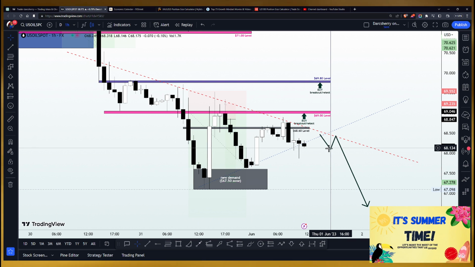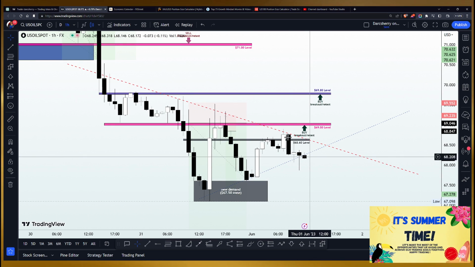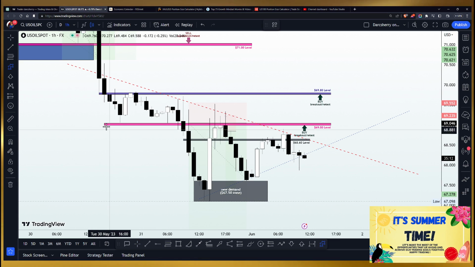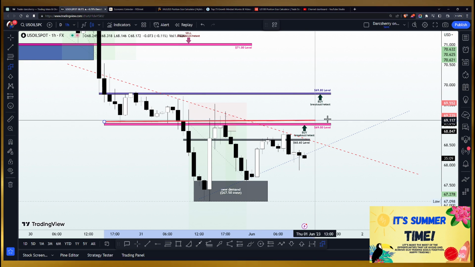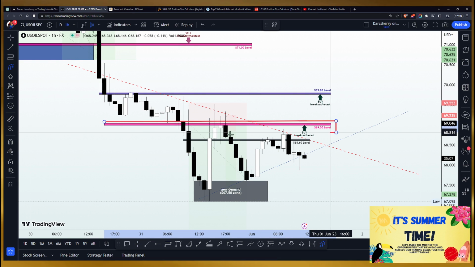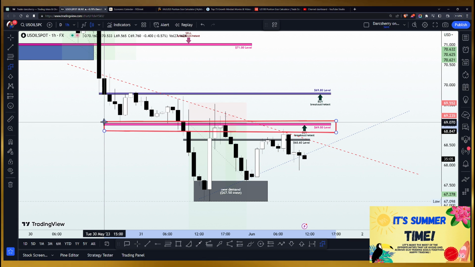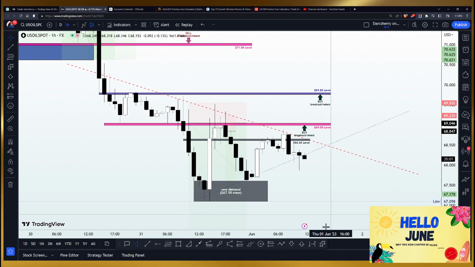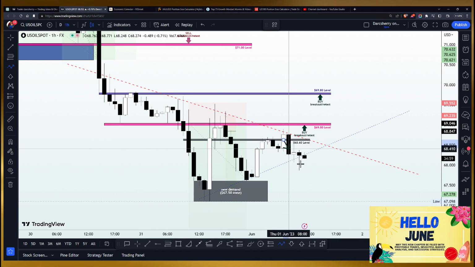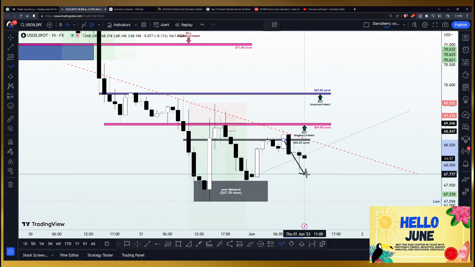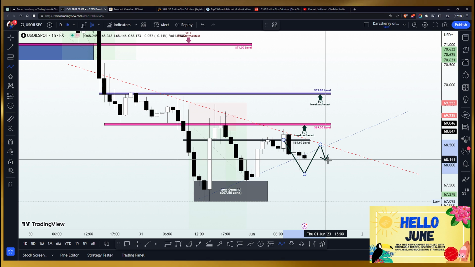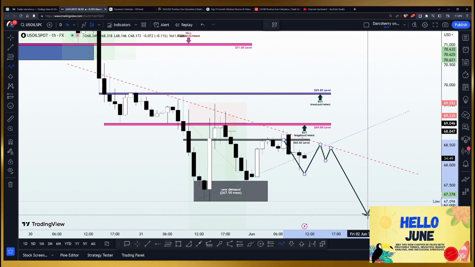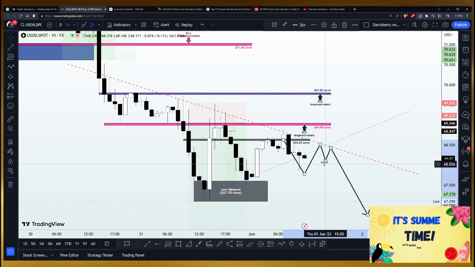So we have a simple setup here where the $69 area serving as a neckline of this potential reversal pattern will be welcoming buy opportunity if it so happens that price action breaks out of that level. But if it happens that we have a breach of this trend line here, then I've told you that we want to scale down into our lower time frame to look out for confirmation that will support a trend continuation to the downside. So please, let's take note of this.